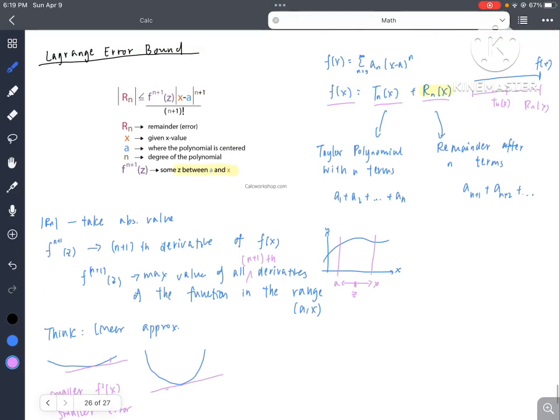This is why, in order to find the bound, which is the maximum error, we want to find the largest value of the derivative. That's just an analogy.